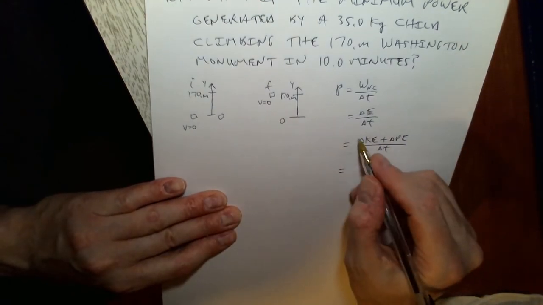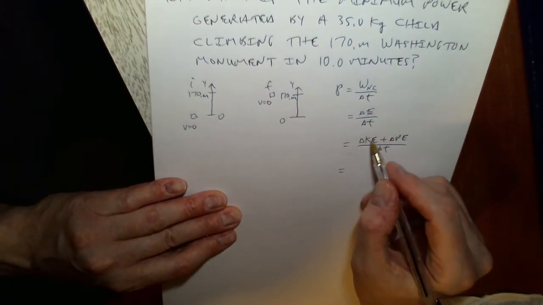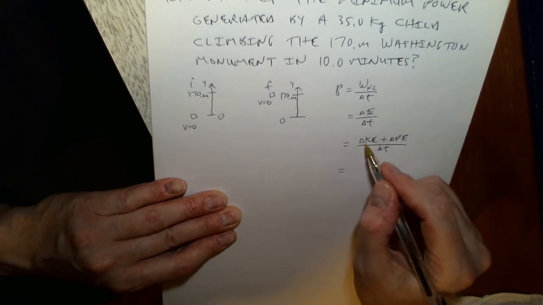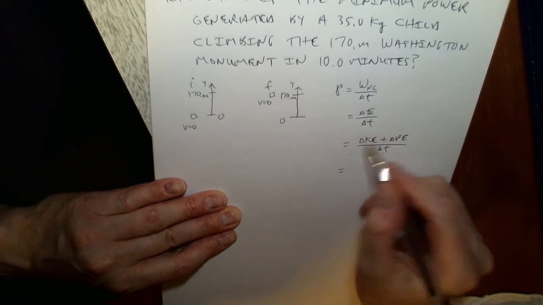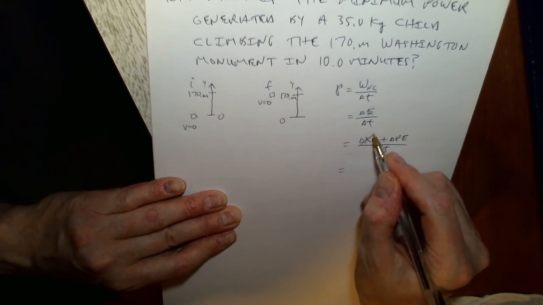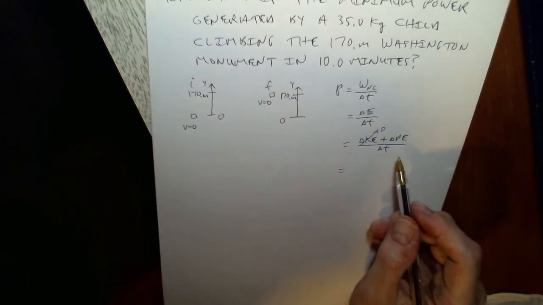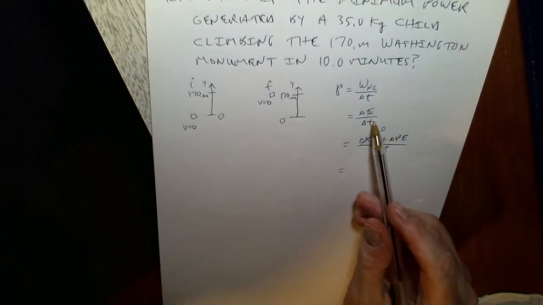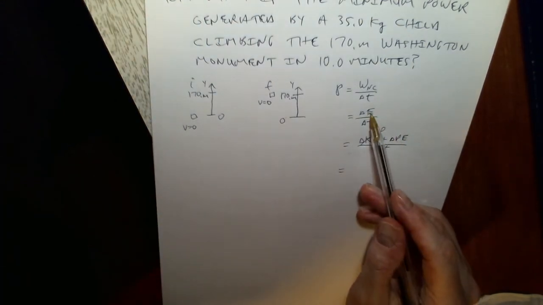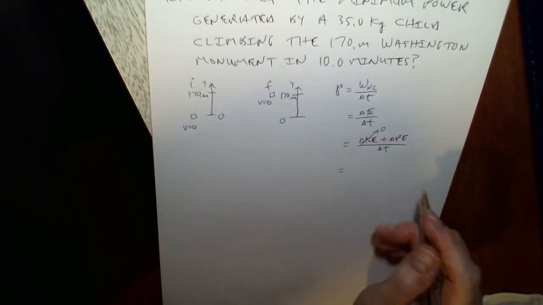Maybe a better way to say it is that we're not interested in the part of the non-conservative work that might go to changing the kinetic energy. So we just call that 0. And in fact, I might have wanted to start with just delta PE there, but that's fine too.